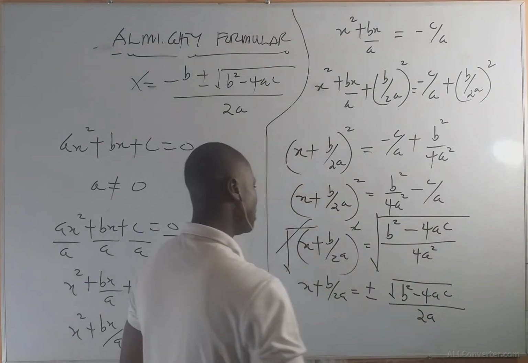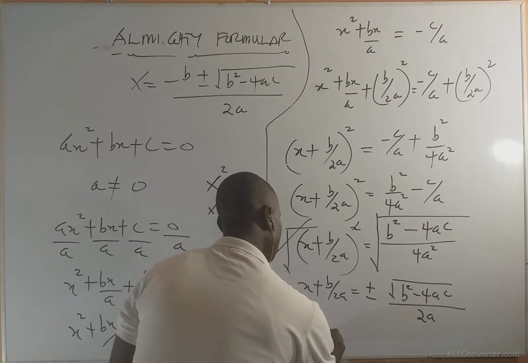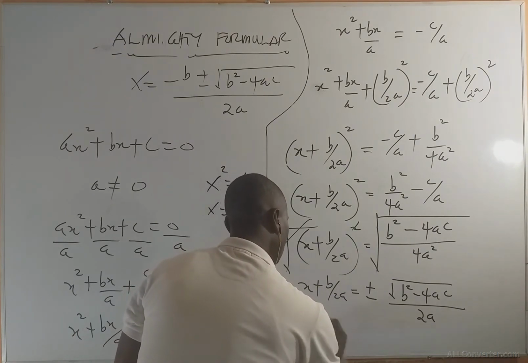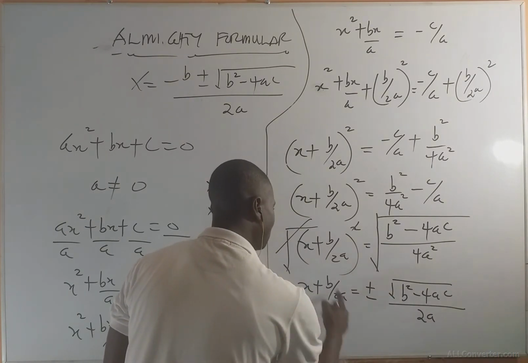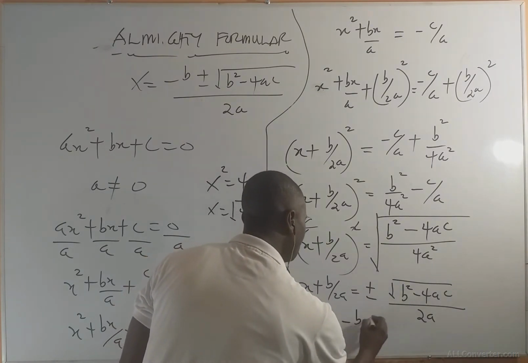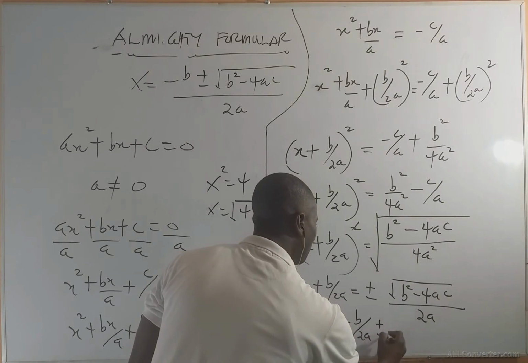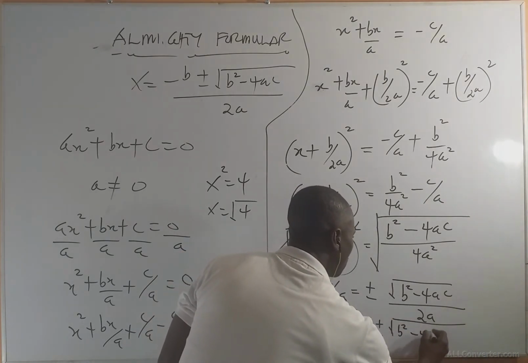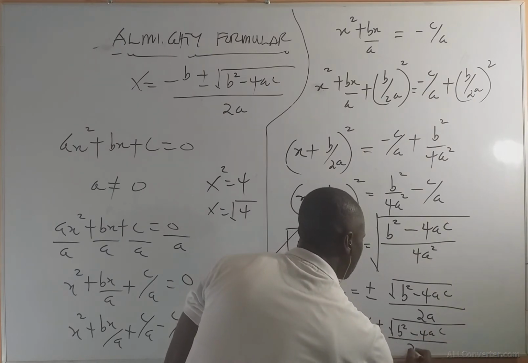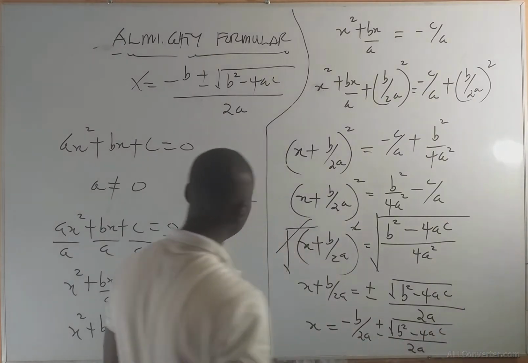Now, this is what we have here. So we have x is equal to, because you are solving for x, then this should be on the right-hand side. So plus b over 2a will now be minus b over 2a. Then we have plus or minus the square root of b squared minus 4ac all divided by 2a.